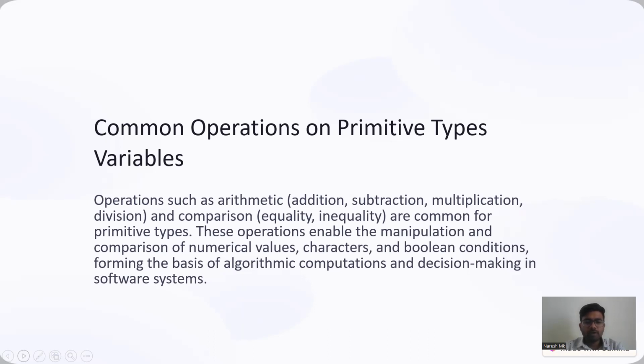These operations enable the manipulation and comparison of numerical values like numbers, characters like A, B, C, D, and boolean conditions true or false, forming the basis of algorithmic computations and decision making in software systems.